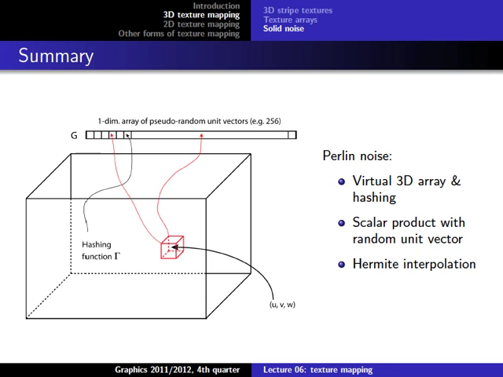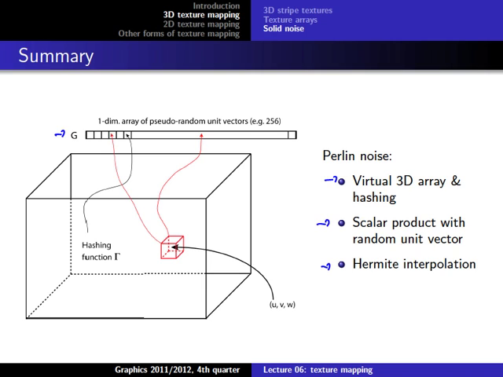So to summarize the steps, we first create a virtual 3D array by using a 1D array and a hash function, which is just the major motivation for this is to get the random value vectors and to store them efficiently. Then we do the scalar product of the random unit vector and the Hermite interpolation.